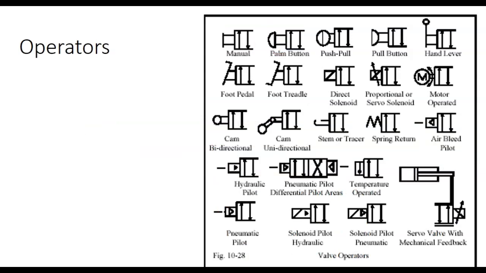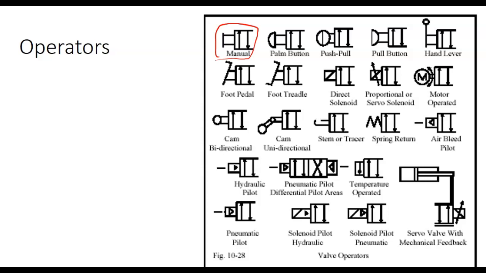So these are our operators. This would probably be the operator on the disconnect. Operators are what you actually move the valve with. So manual operators: palm operators, push, pull buttons, hand lever. See some of these.